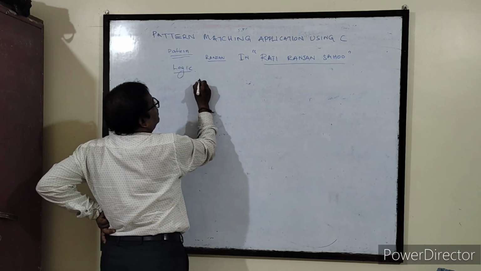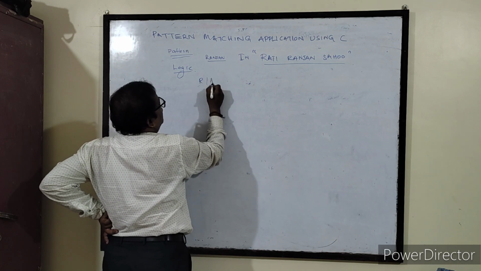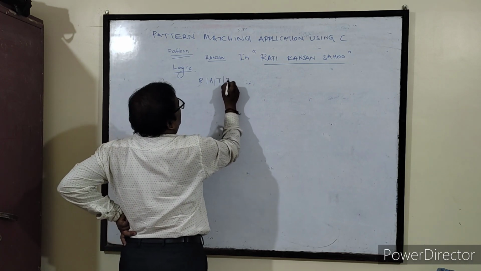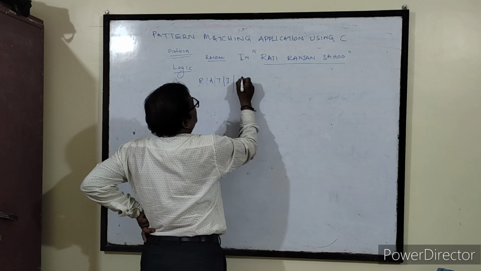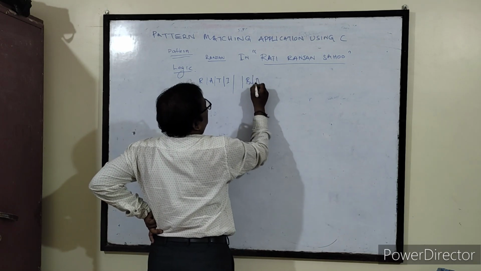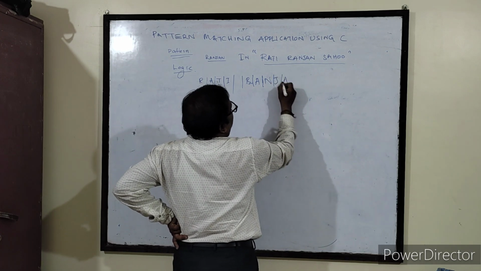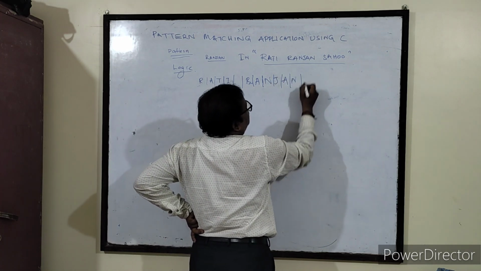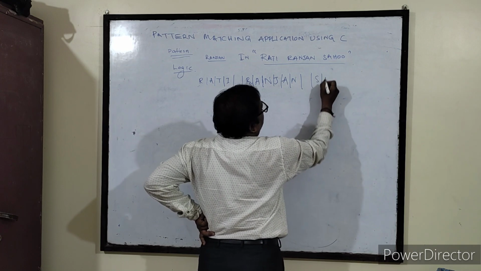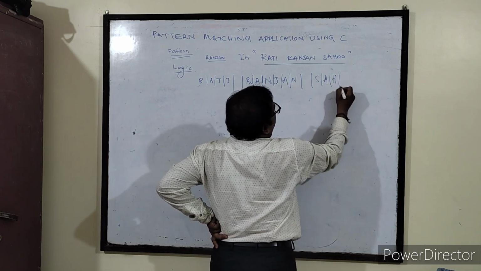So write here R A T I, space, R A N J A N, space, and S A H O O.